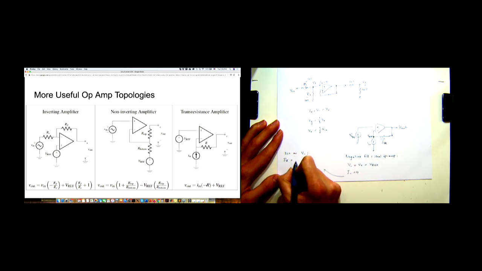IR is equal to I in, and from Ohm's law, VR is equal to IR times R. So you have that Vref minus V out is equal to IR times R. So V out is equal to Vref minus IR times R. Is this clear?